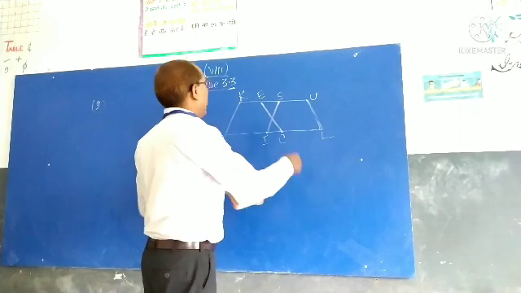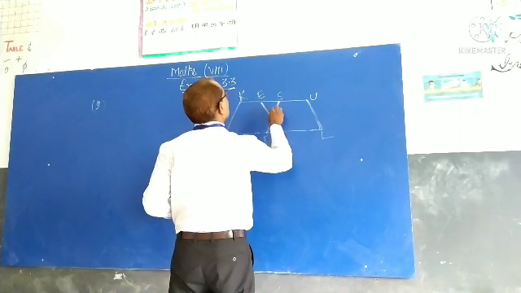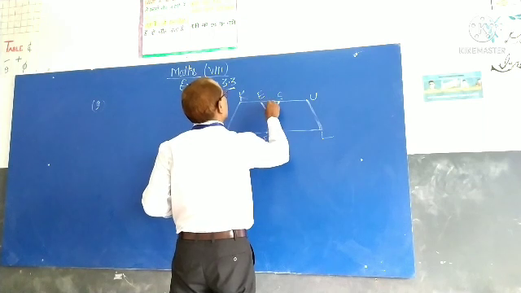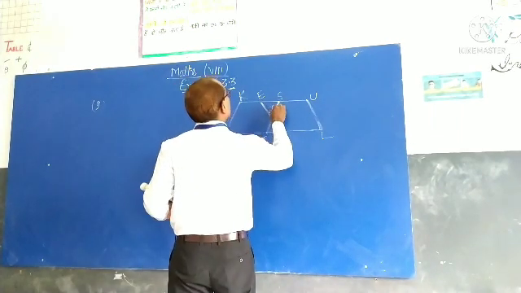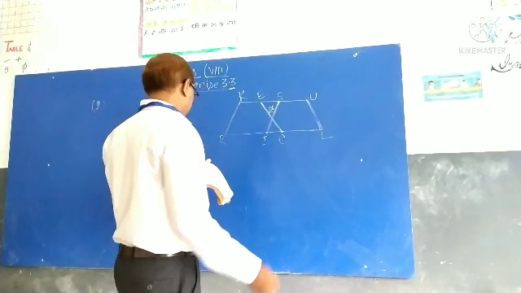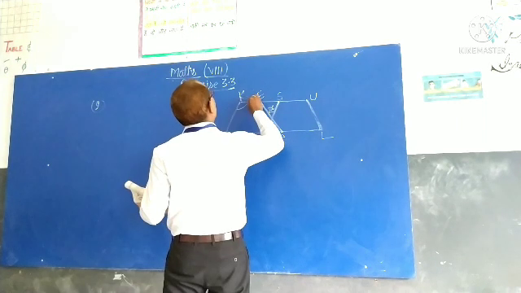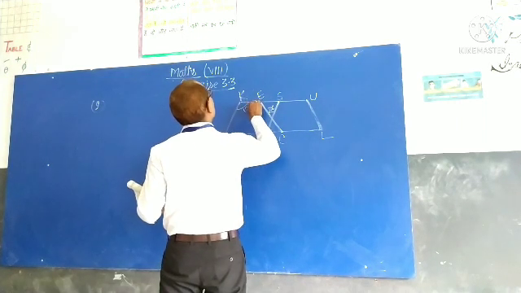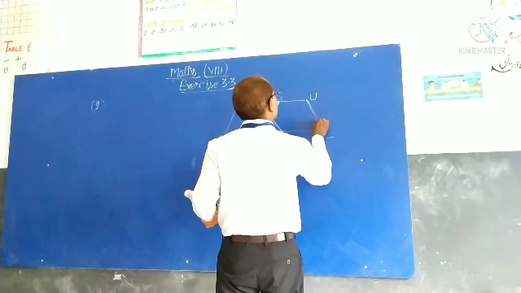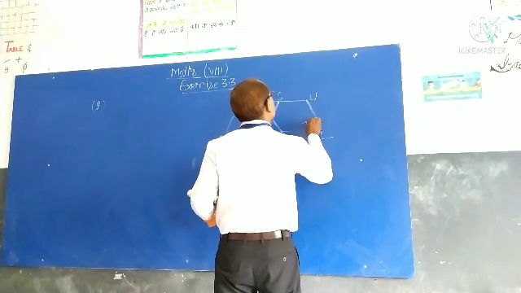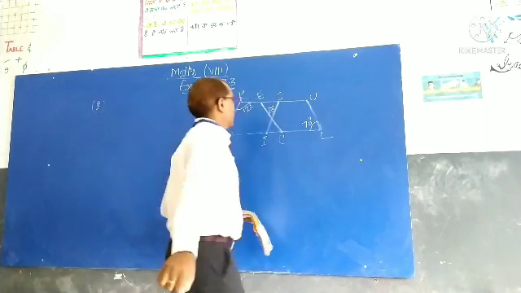You find out the value of X. And here it is given K is 120 degree and L is 70 degree. Clear?